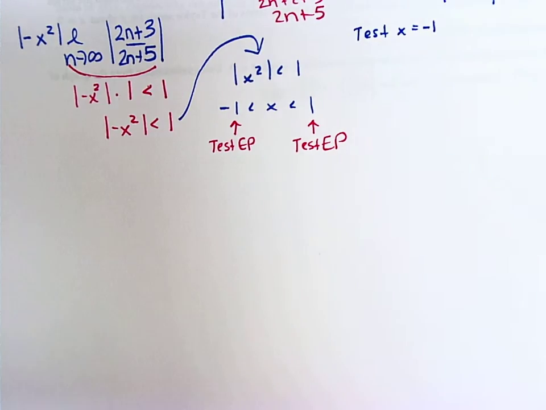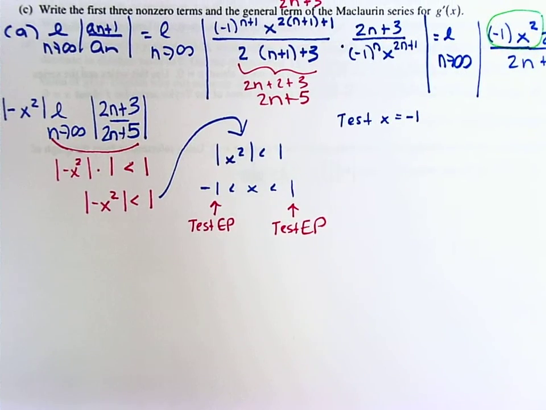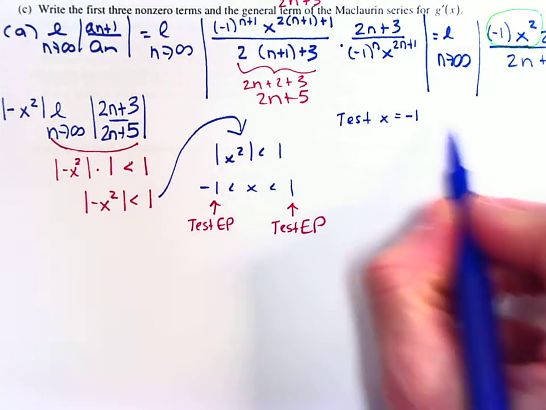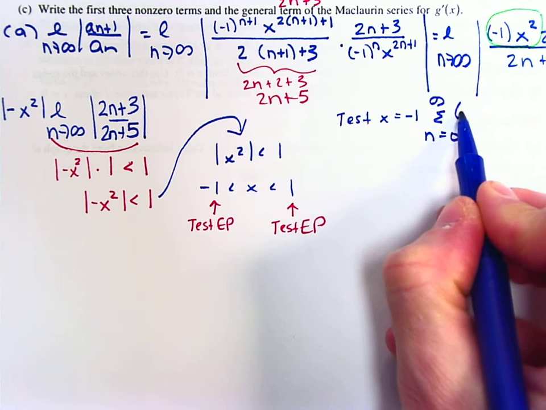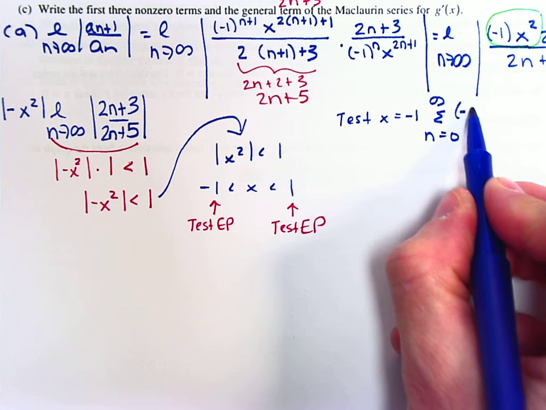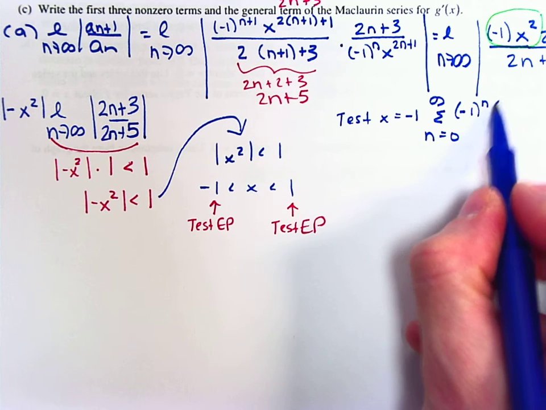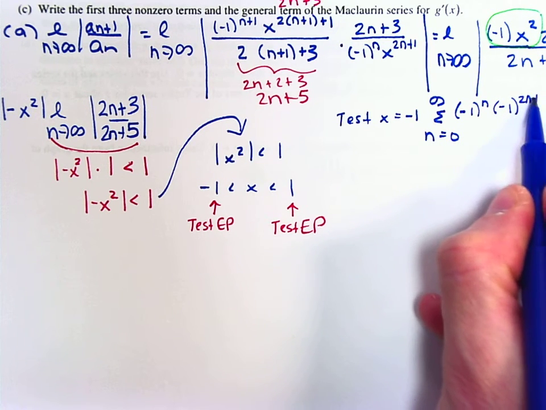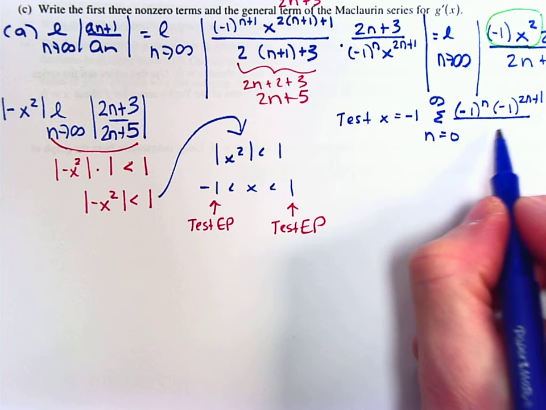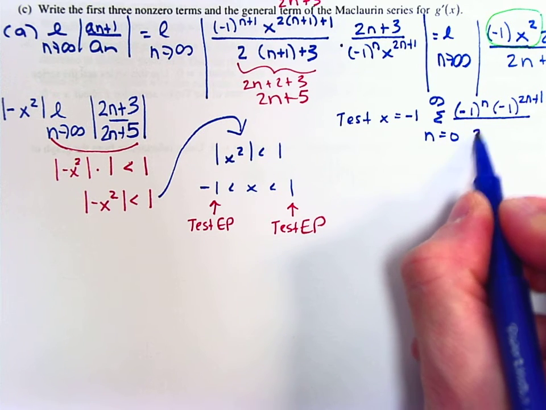We plug that into our original series. So that's going to become -1 to the n, then -1 to the 2n plus 1 all over 2n plus 3.